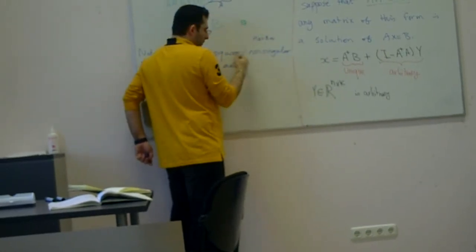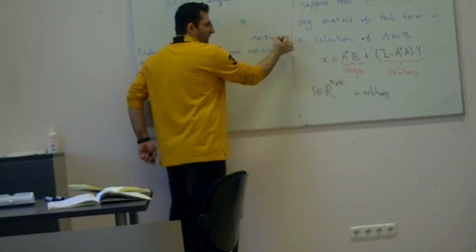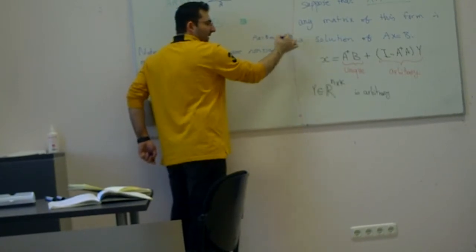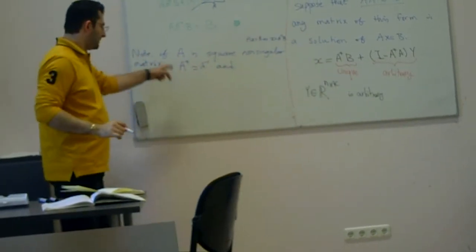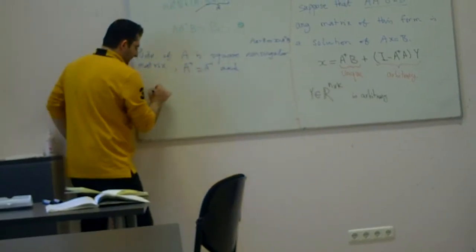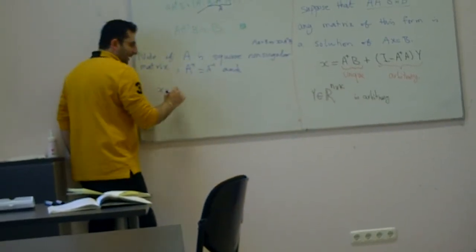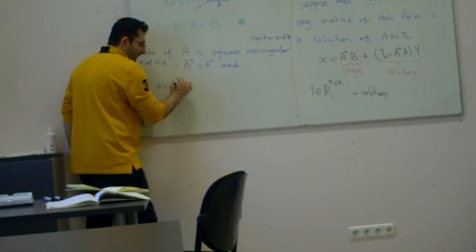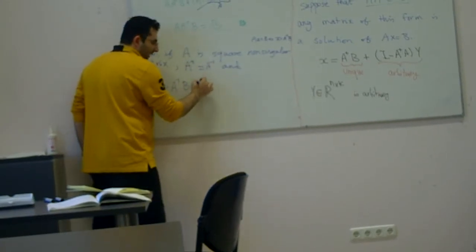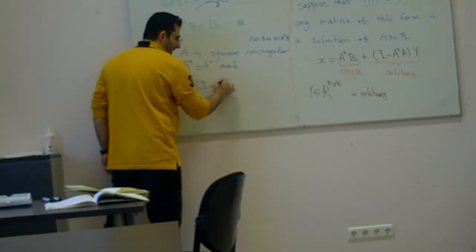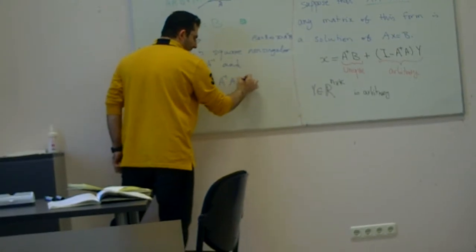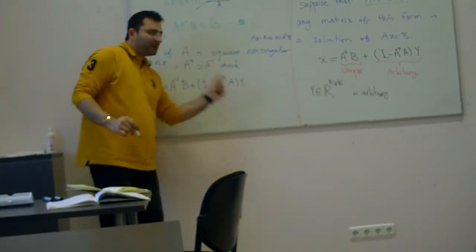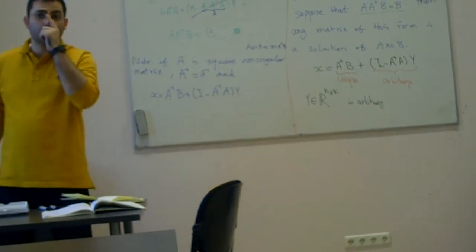If it is very good, square non-singular, it's x is equal to A inverse B, right? So let's see. X is equal to A inverse B plus I minus A inverse multiplied by A y. What is A inverse multiplied by A?